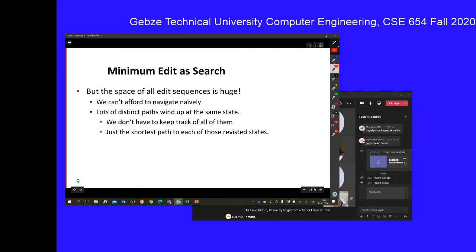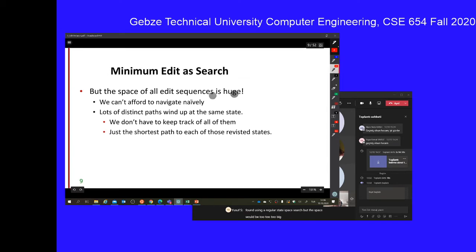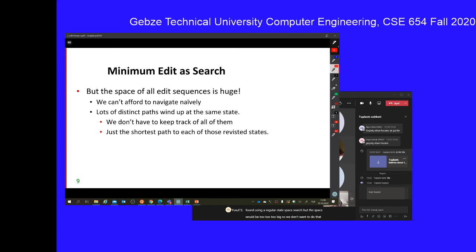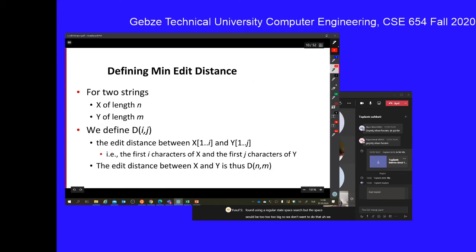We said that this minimum edit distance can be found using a regular state space search, but the space would be too big, so we don't want to do that. We would like to find some other solution. So the dynamic programming based minimum edit distance is going to work like this. I am given two strings. One is x of length n.